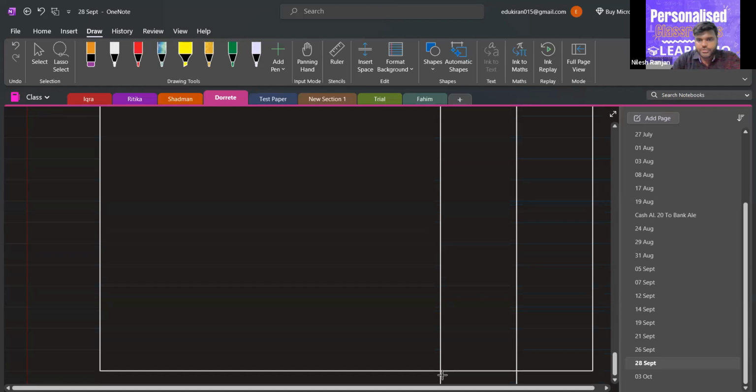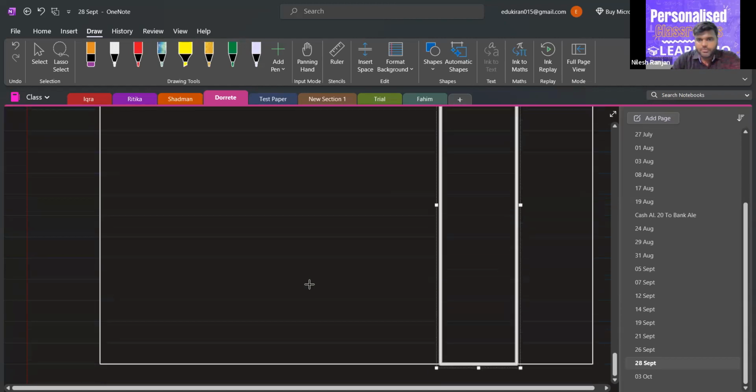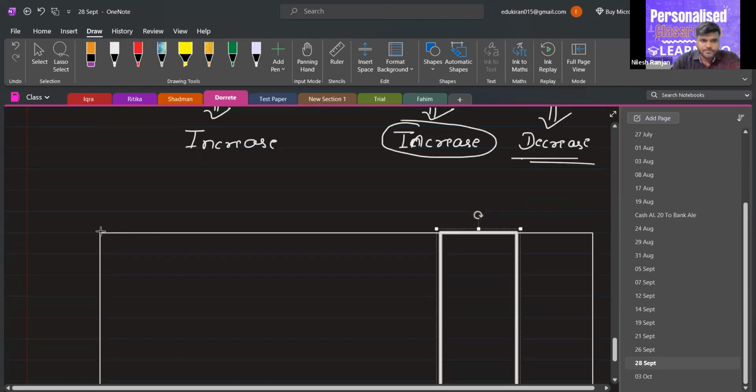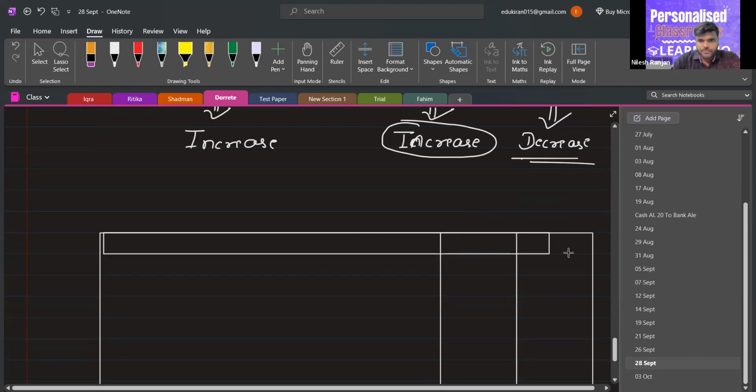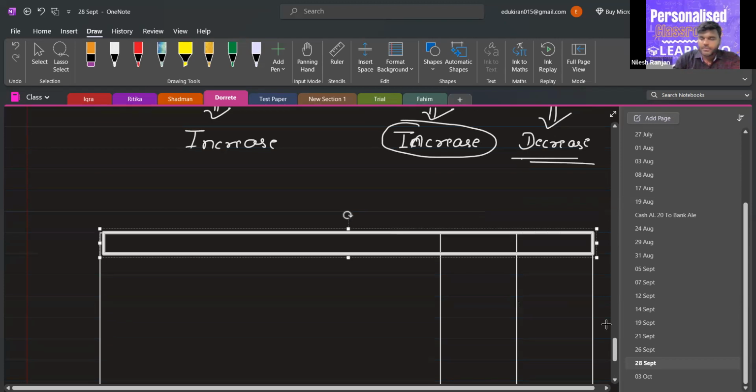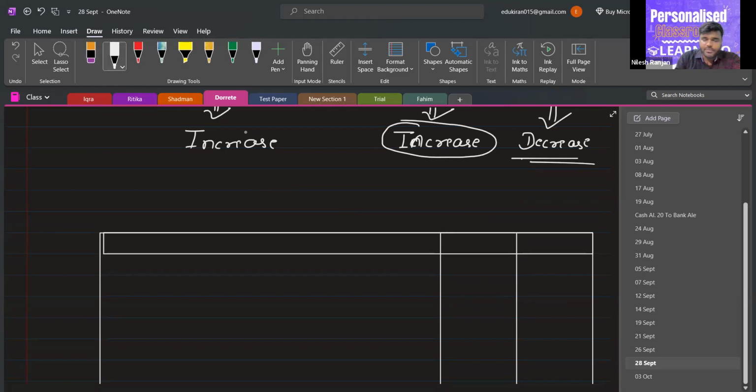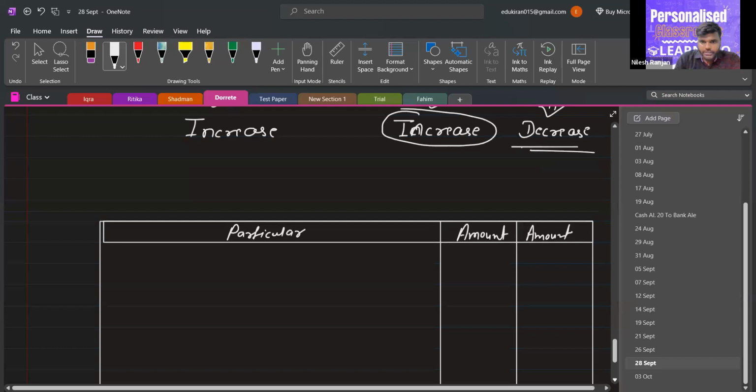Now you can prepare the question by two methods. The first one is you can take it as a debit and credit balance, meaning plus or minus figure, but I'm doing it differently. I'm taking two amount columns, one for calculation purpose and one for final amount.